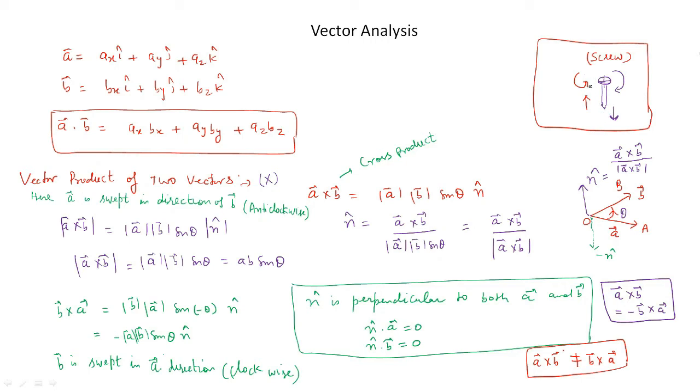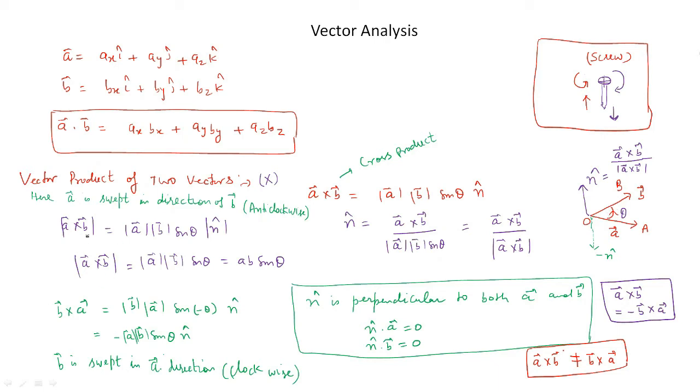But if you rotate your vector A in vector B's direction, that is the anticlockwise direction, then the knob of the screw will move in the upward direction. So you can find in this way the direction of the resultant vector of the two vectors when they are multiplied by cross product.